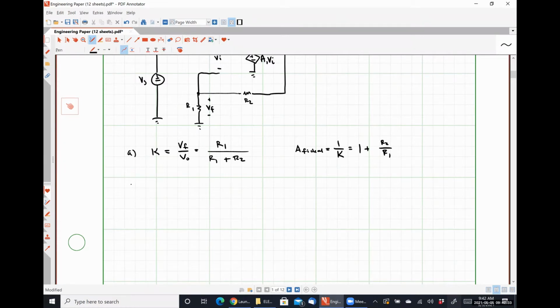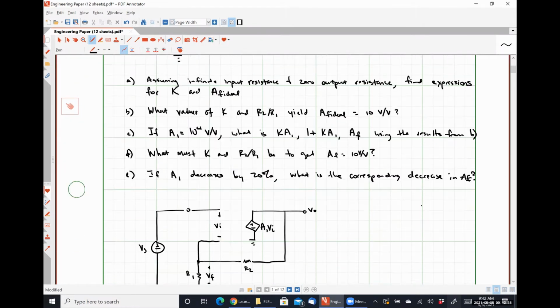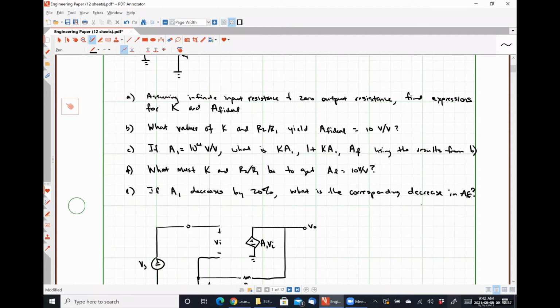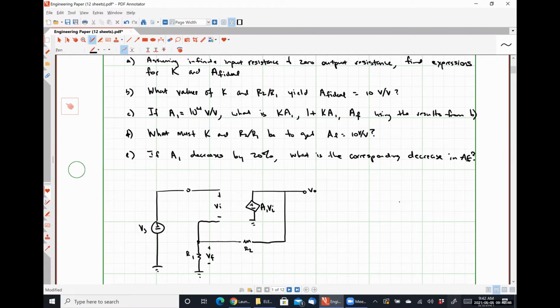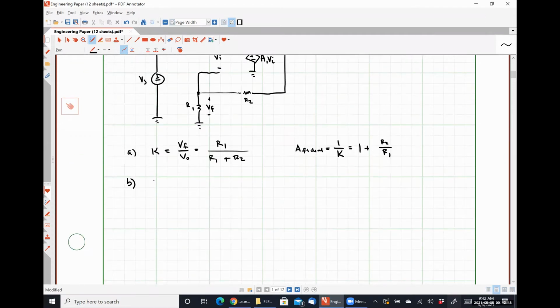For part B, we were asked to find the values of our feedback factor and the ratio of resistances to get a closed loop gain of 10 volts per volt. So that means we have 10 volts per volt is equal to 1 over K. So from this, K must be equal to 0.1 volts per volt.